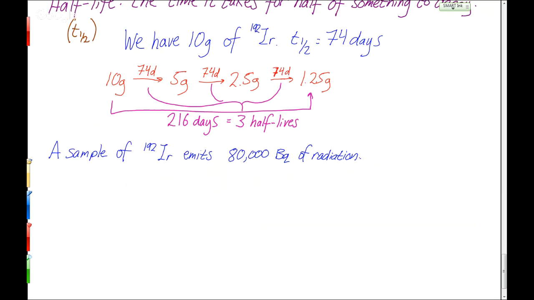So if you're thinking of this in terms of medical uses, radiotherapy, that kind of thing, you want to know how much radiation is coming off of that so that you can then give it to somebody. That's like the dose. So if it emits that at the beginning, you can't just say, okay, take that and you'll get all that radiation, because eventually it's going to break down. After a certain amount of time, that's going to start breaking down.